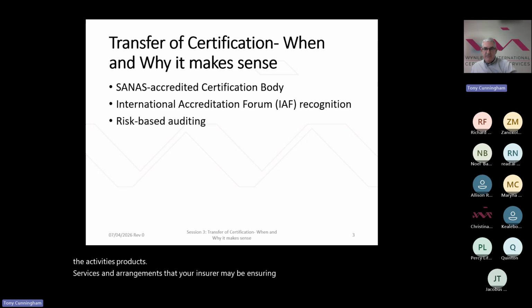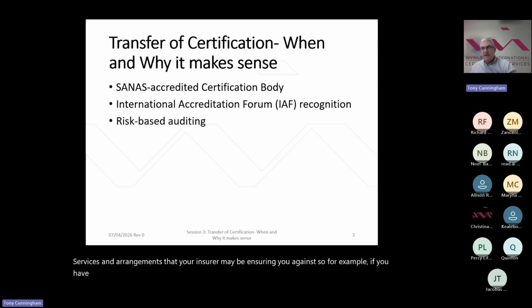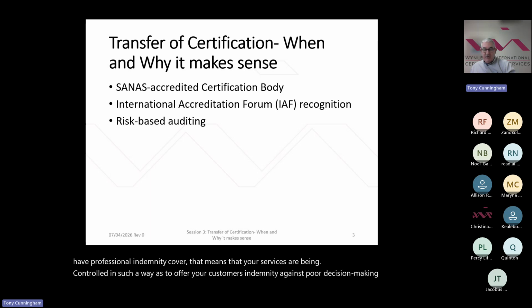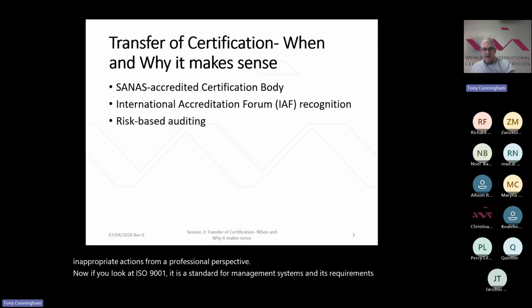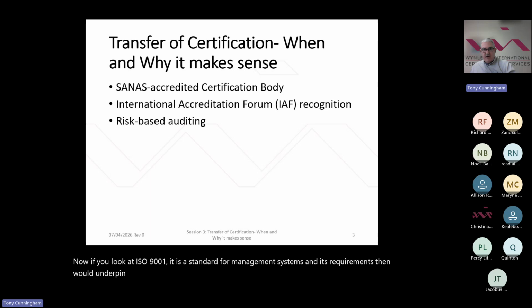So, for example, if you have professional indemnity cover, that means that your services are being controlled in such a way as to offer your customers indemnity against poor decision-making or inappropriate actions from a professional perspective. Now, if you look at ISO 9001, it is a standard for management systems, and its requirements would underpin your professional conduct and give assurance in terms of the quality of that service.